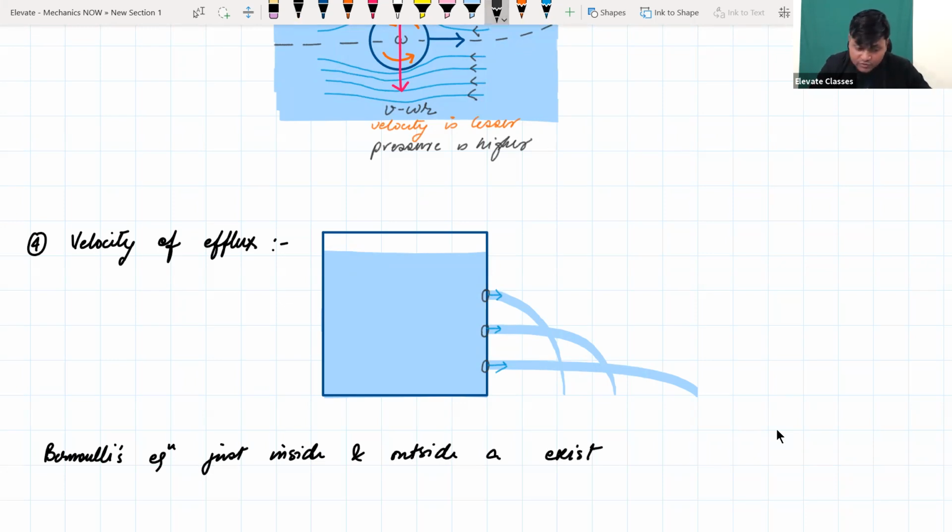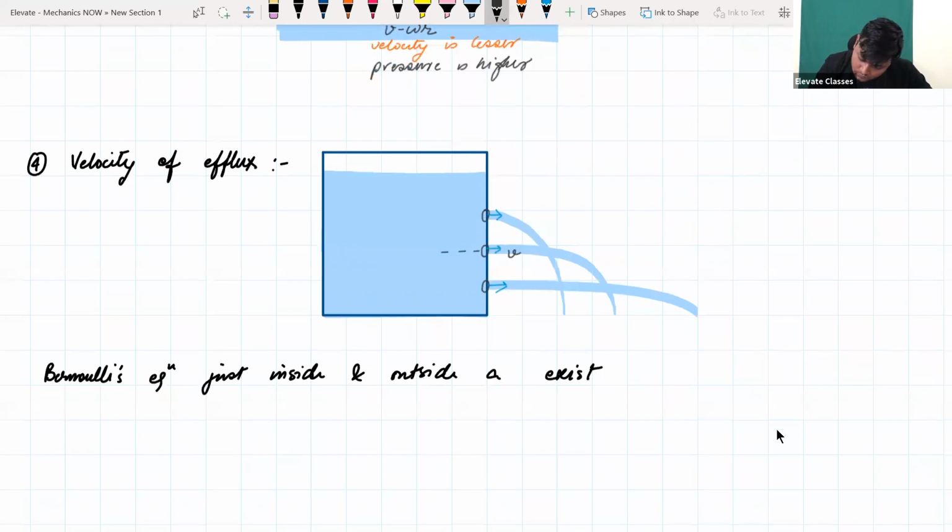Okay, so if I take this particular scenario, and this comes out with a velocity of v, let's suppose, and there is a pressure that is created due to a volume of water having here. So essentially the half rho v square, which is outside, is created by a gravitational pressure of rho g h.